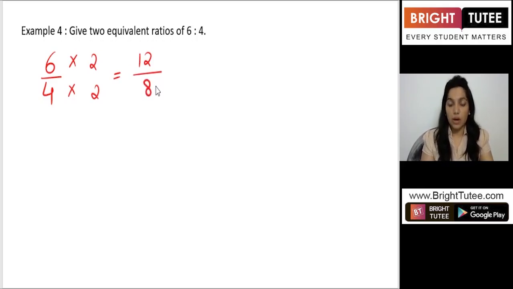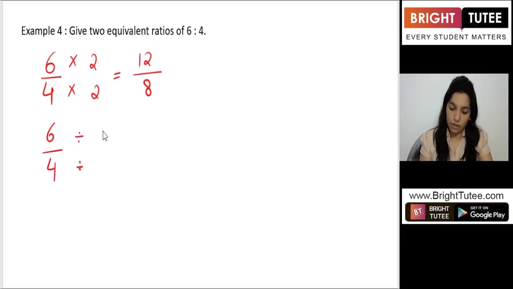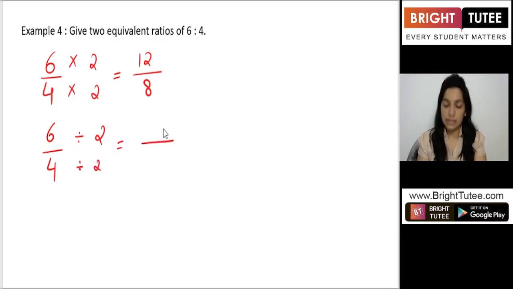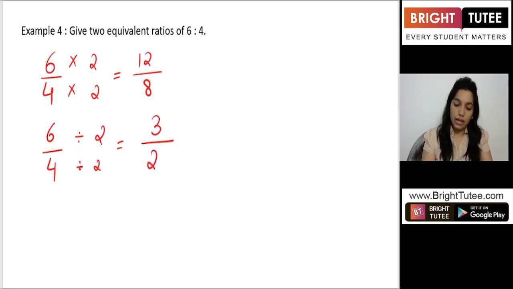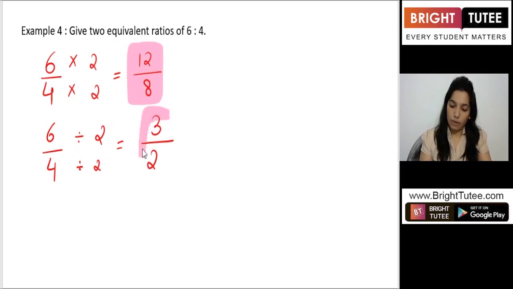Clear? Now let us find the equivalent fraction for 6/4 by dividing the numerator and denominator by 2. 6 divided by 2 is 3 and 4 divided by 2 is 2. Thus we have calculated the two equivalent ratios for 6:4.